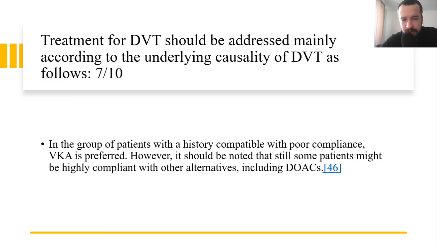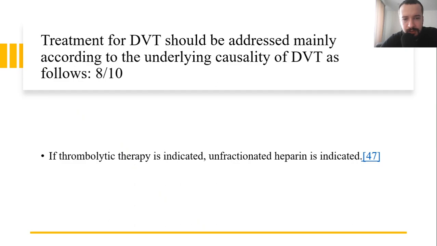In the group of patients with a history compatible with poor compliance, vitamin K antagonists are preferred. However, it should be noted that some patients might still be highly compliant with other alternatives, including DOACs. If thrombolytic therapy is indicated, unfractionated heparin is indicated.